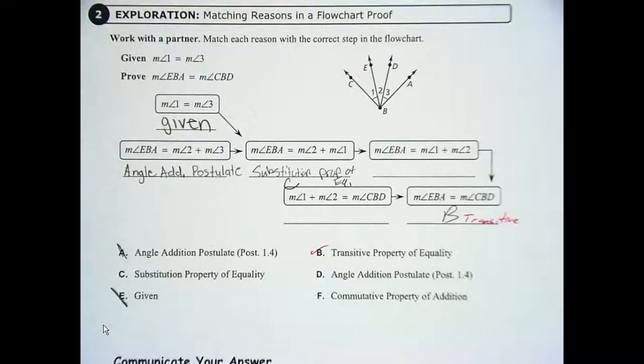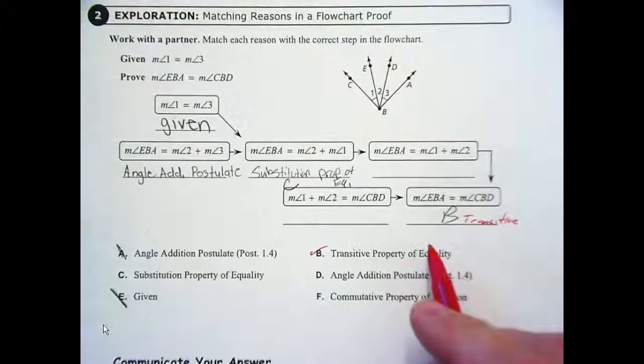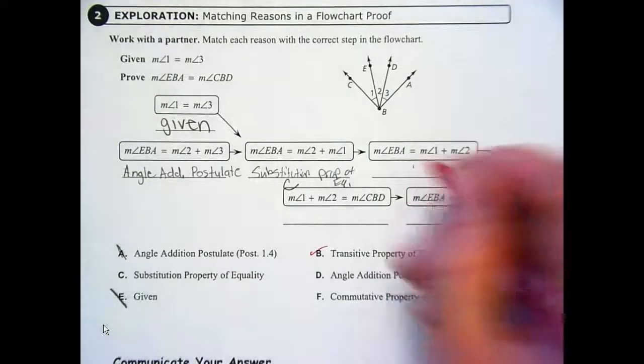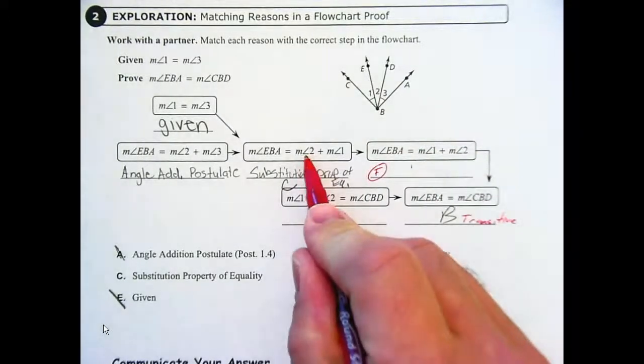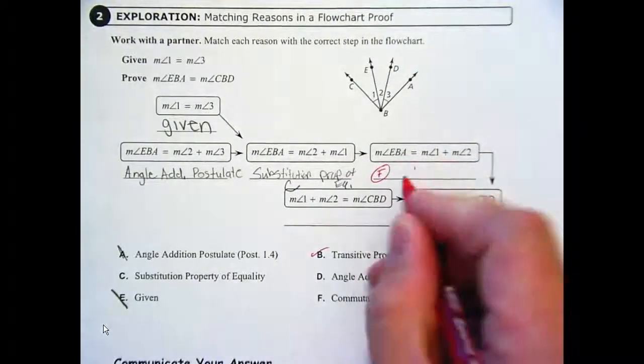All right. Hey guys, commutative property of addition says if you add like 2 plus 3, it's the same thing as 3 plus 2. So which one of these is commutative? Drew? Very good. This is the commutative property of addition. You're taking 2 plus 1 and saying it's 1 plus 2.